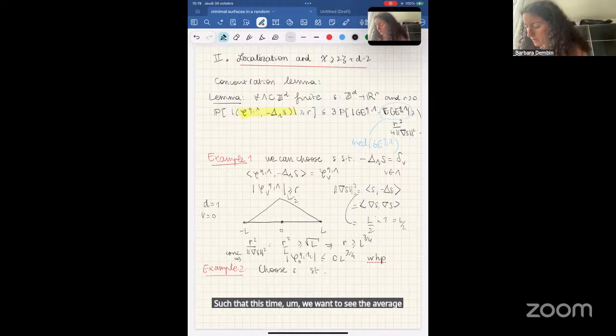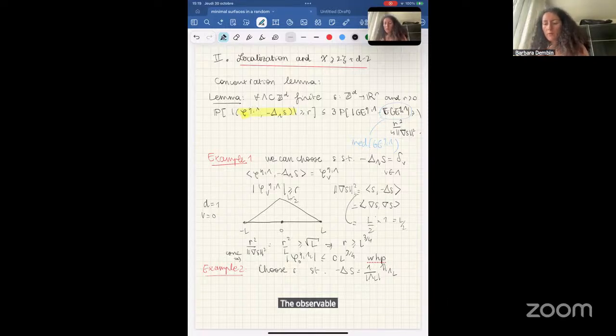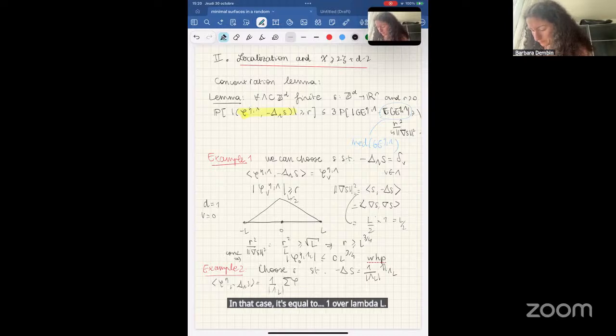So to see the average, we want to have that the Laplacian minus the Laplacian is equal to 1 over lambda L indicator of lambda L. So that when you have such an S, when you replace it, the observable you see is the average of phi eta over R. In that case, it's equal to 1 over lambda L, so it's equal to the average.